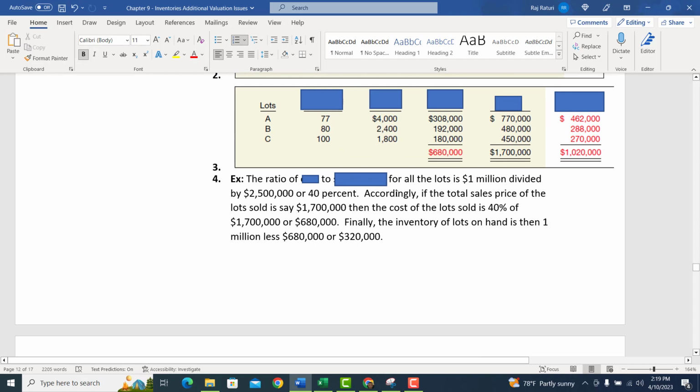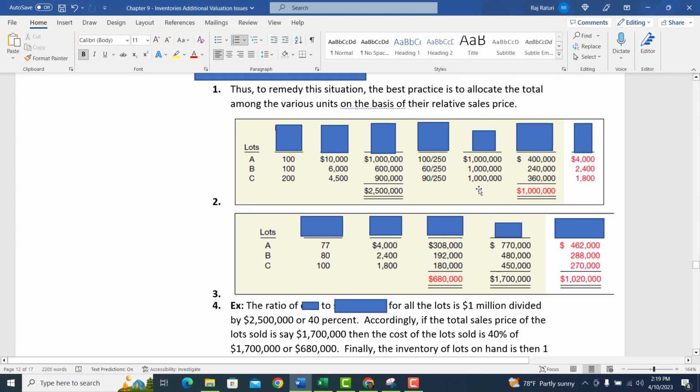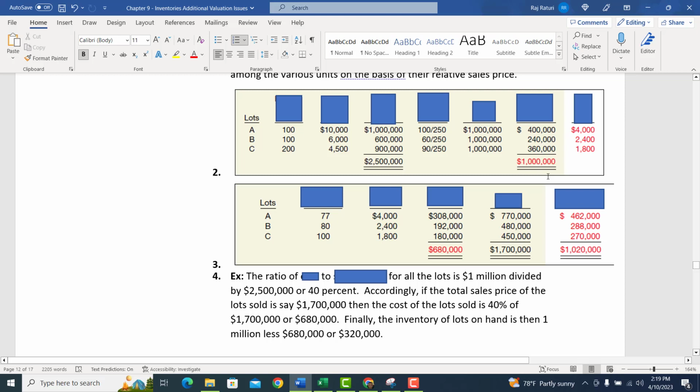The ratio of the cost to sales for all these lots is 1 million divided by 2.5 million, already established to get the 40%. So then you can take the sales price of the lots and multiply it and get the 680,000.